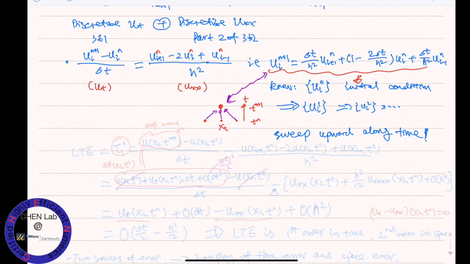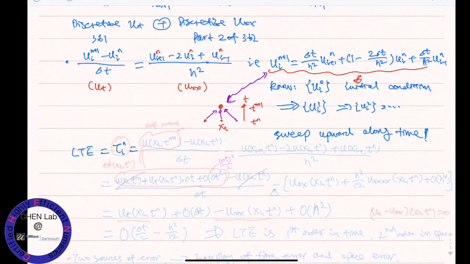So the local truncation error analysis. Here, instead of tau i, we have tau i n, at the ith node and nth time level. What that is, again, is you plug the exact solution u into your scheme.